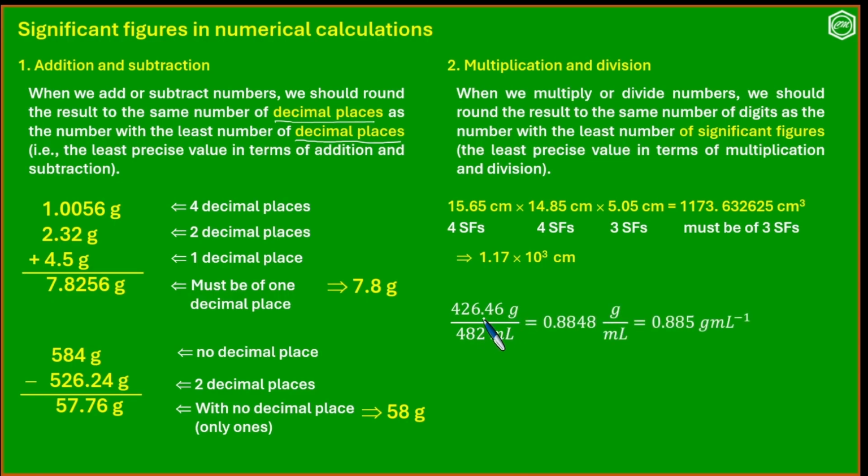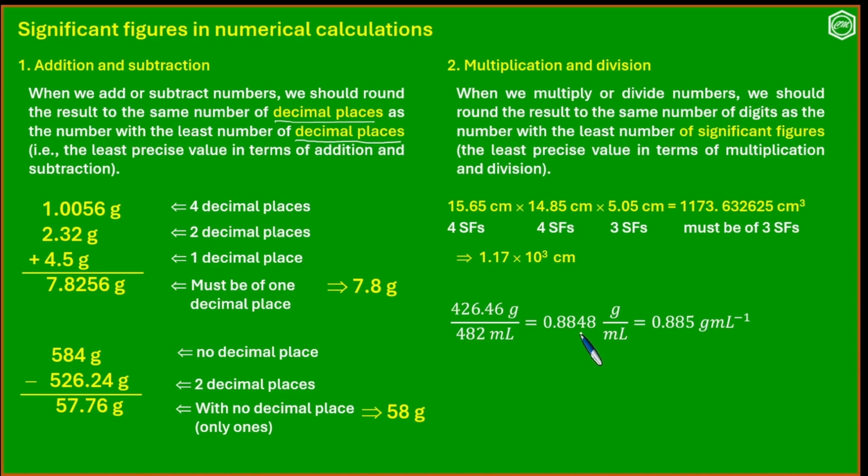Now consider division. 426.46 gram divided by 482 ml. The result is 0.8848 gram per ml. Now this number has only three significant figures. So the result also must have three significant figures.